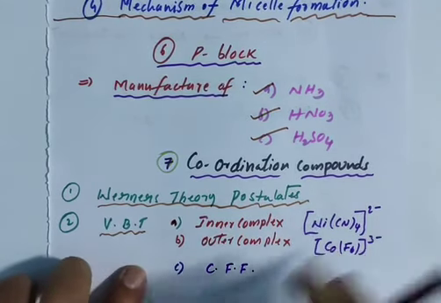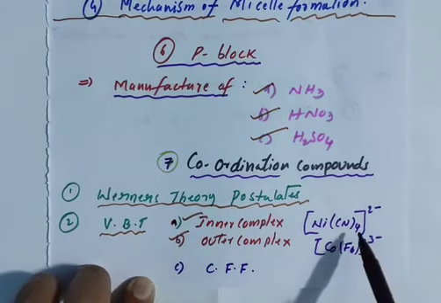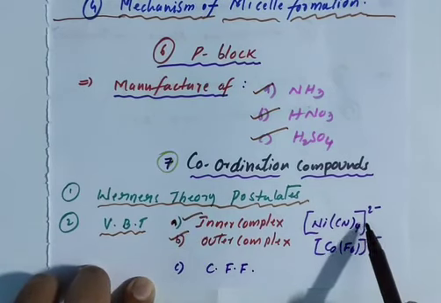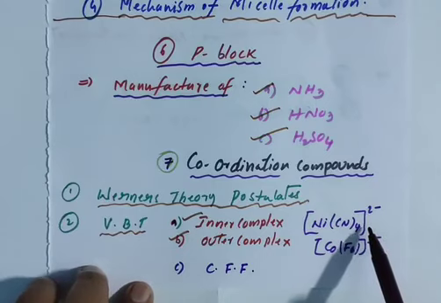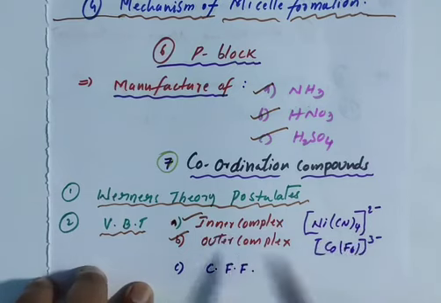Here they will ask questions about inner complex and outer complex, hybridization, magnetism and related properties. So practice one inner complex and one outer complex. A strong ligand gives an inner complex, a weak ligand gives an outer complex.